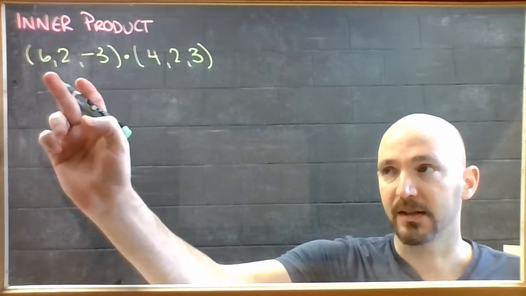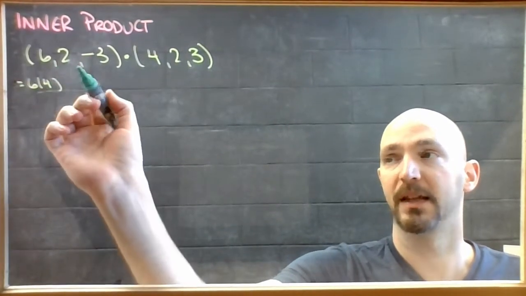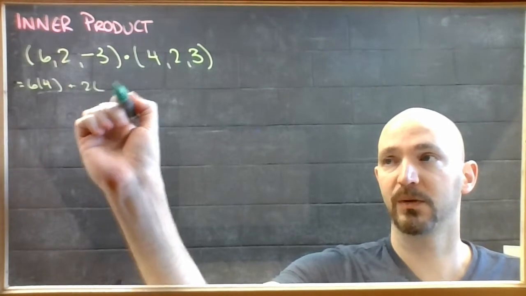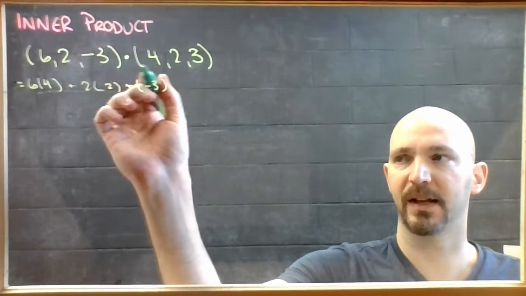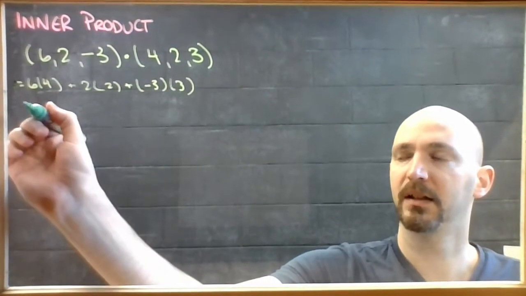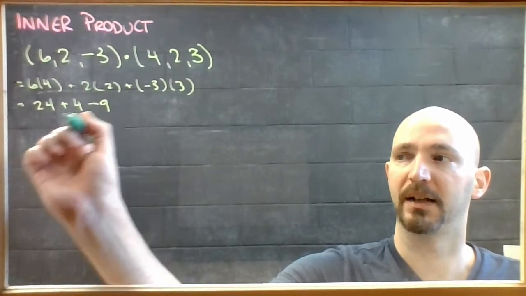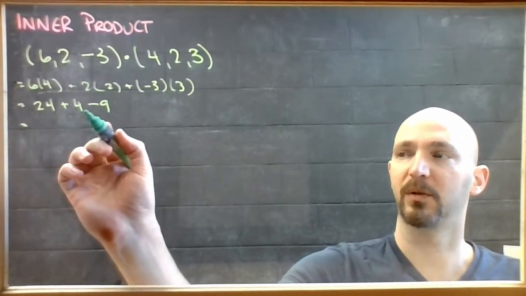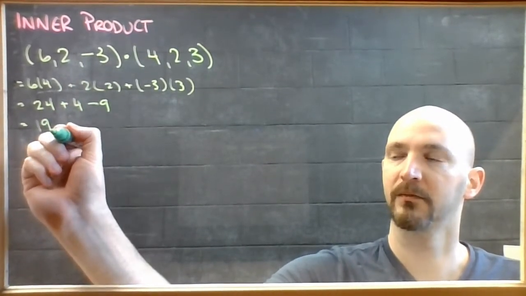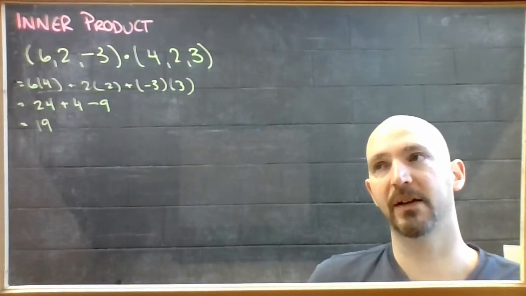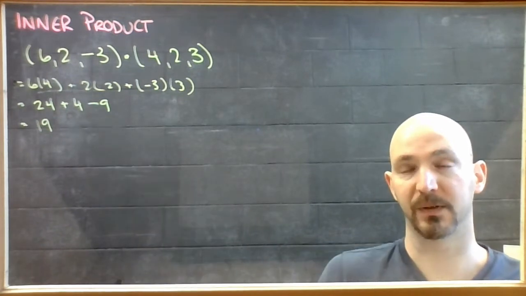To execute this, I multiply the x values, 6 times 4, then the y values, 2 times 2, and then the z values, negative 3 times 3, which gives me a total of 24 plus 4 minus 9. 24 and 4 would be 28, minus 9 would be 19. So (6, 2, -3) dot product with (4, 2, 3) is equal to 19.